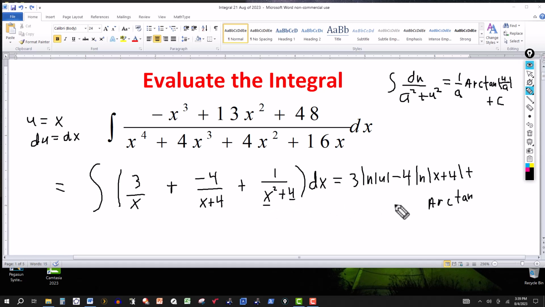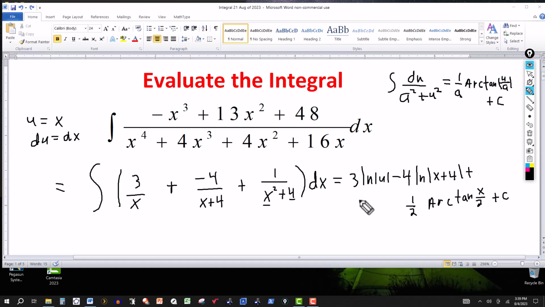So a is 2 in this case, so this would be 1 over 2. And then arctan of u, in this case u is x, over a is 2, plus the constant of integration.